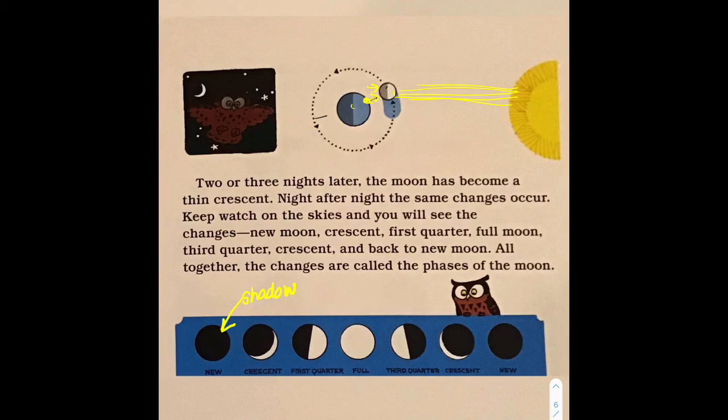So we see the shadows. So the darkness stands for the shadow. What about the lit part here? What is that? You're right. That is the reflection of light from the sun. That's why we can see it.